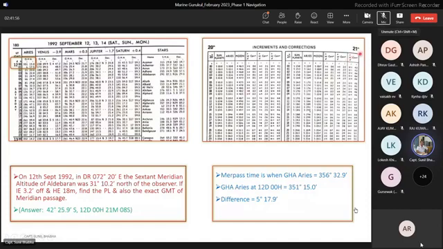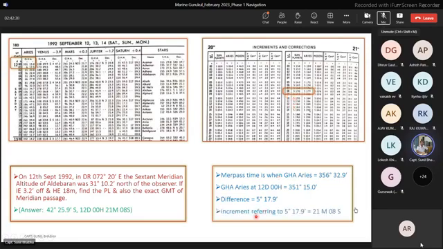And when you reach 21 minutes, if you look at the Aries column, you will see that this value of 5 degrees 17.9 minutes comes at this particular place. This is where the value of 5 degrees 17.9 minutes is, and this refers to 08 seconds.